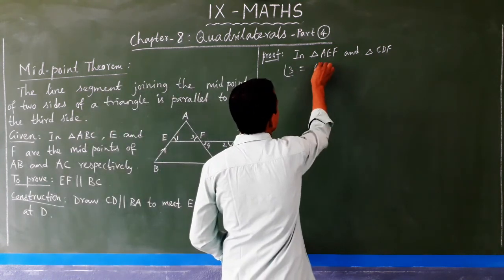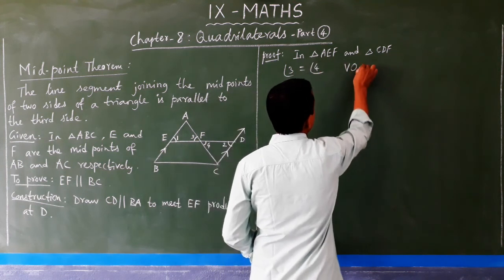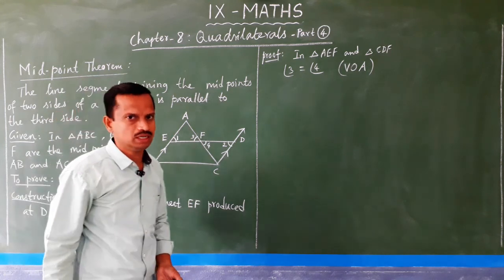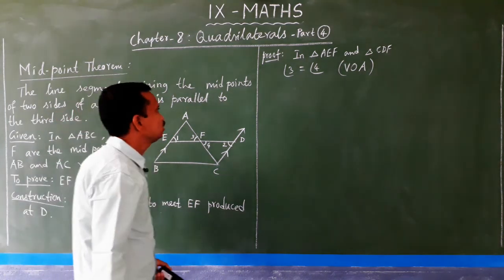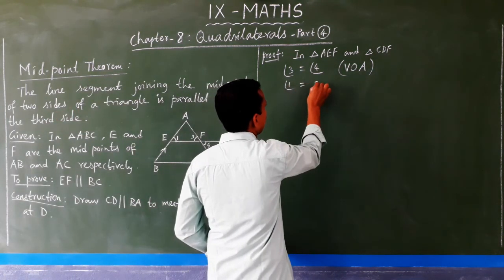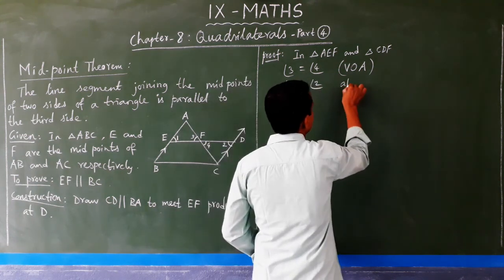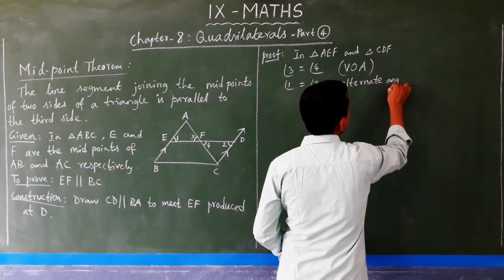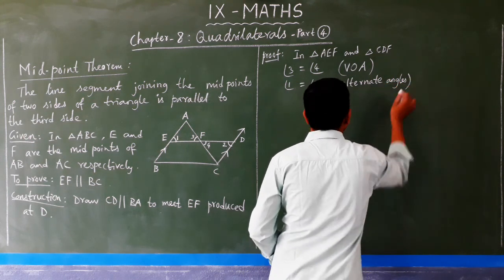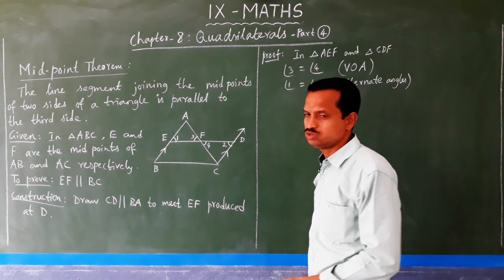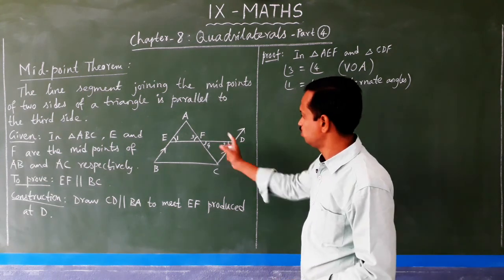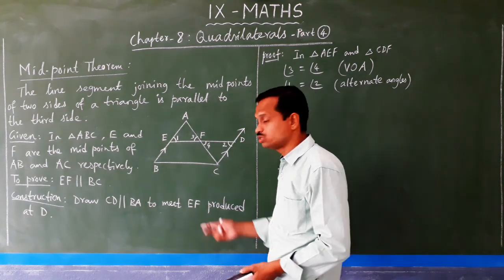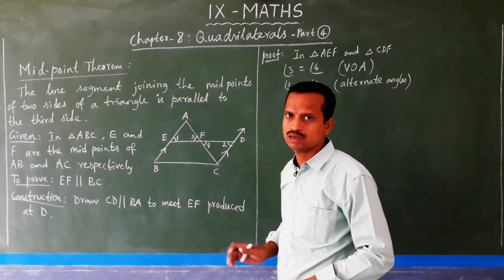Angle 3 equals angle 4, that is VOA, vertically opposite angles. And angle 1 equals angle 2, that is alternate angles. Already I told you how we get that: you have to consider which are the parallel lines and which is the transversal, and 1 and 2 are alternate angles. Since the lines are parallel, the alternate angles should be equal.